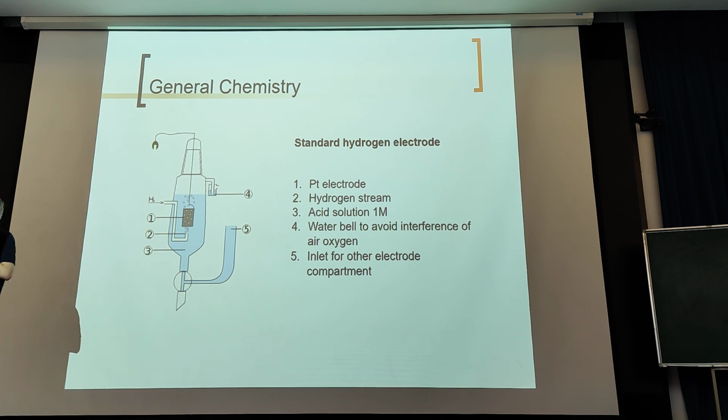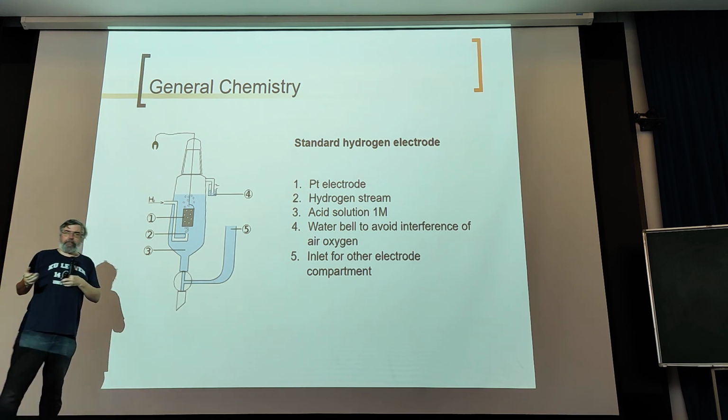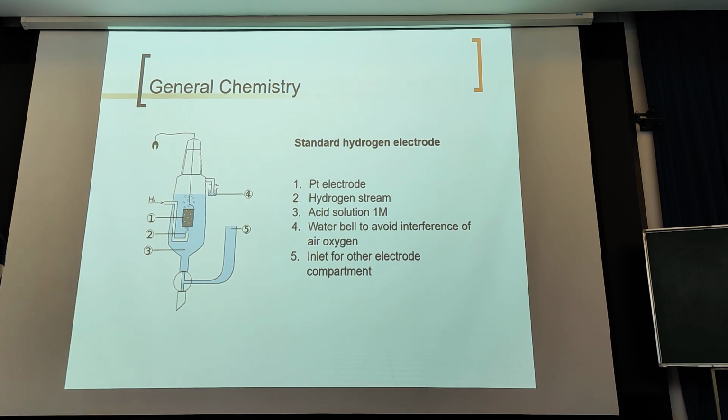The platinum is connected to an electrical wire. In the solution we have H+, because that's the other component. That's the oxidized form. H2 is the reduced form. The H+ is at the standard concentration, that means 1 molar, or in other words, a pH of 0.